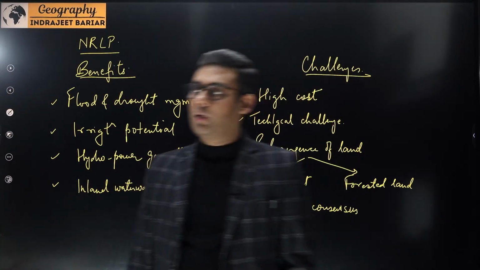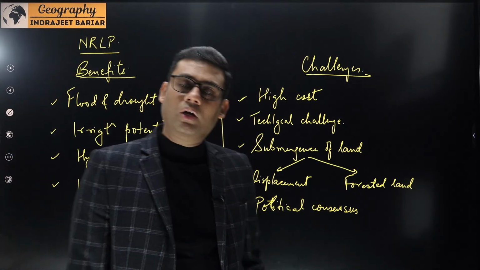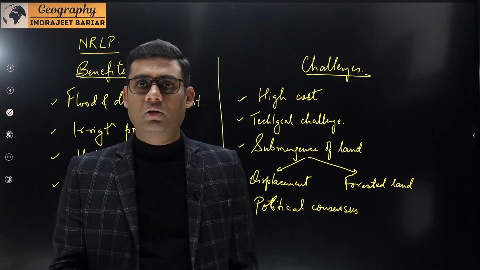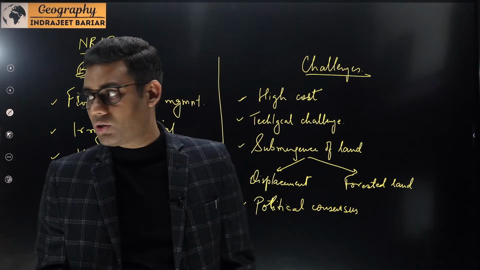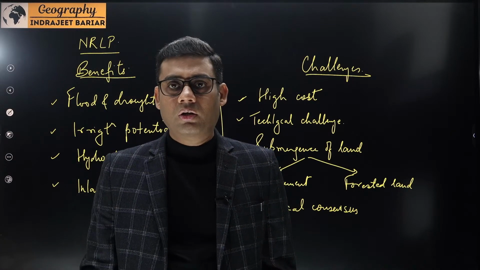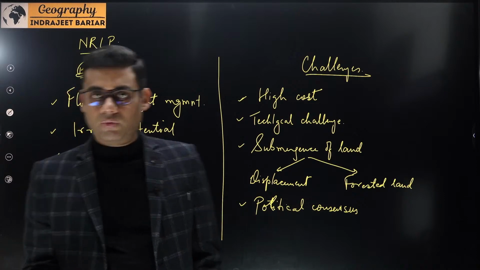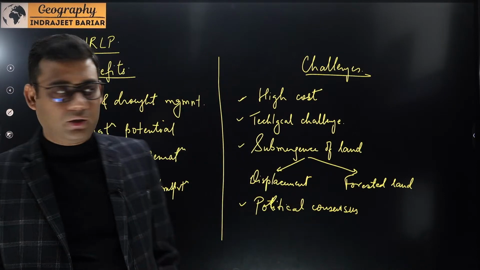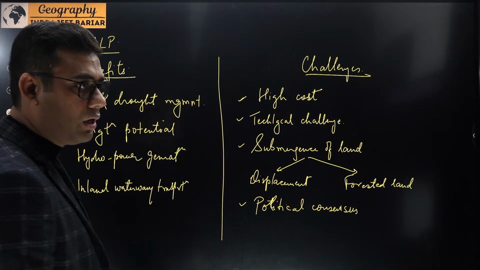As for the rivers, let's say for example the Ganga river, or the Brahmaputra river, if you are taking waters out from these river basins to some other basin, we have some international obligations with respect to water sharing. So if I take out water from river Ganga, definitely our relationship with Bangladesh is going to be impacted. So political consensus would be another challenge.